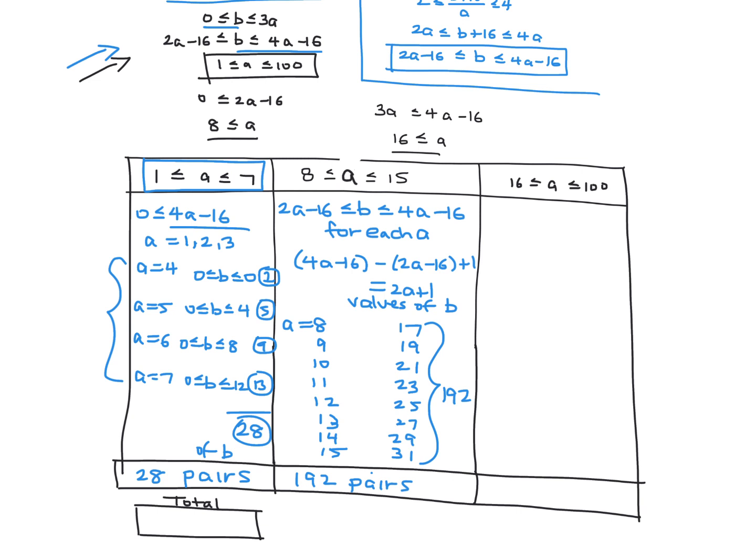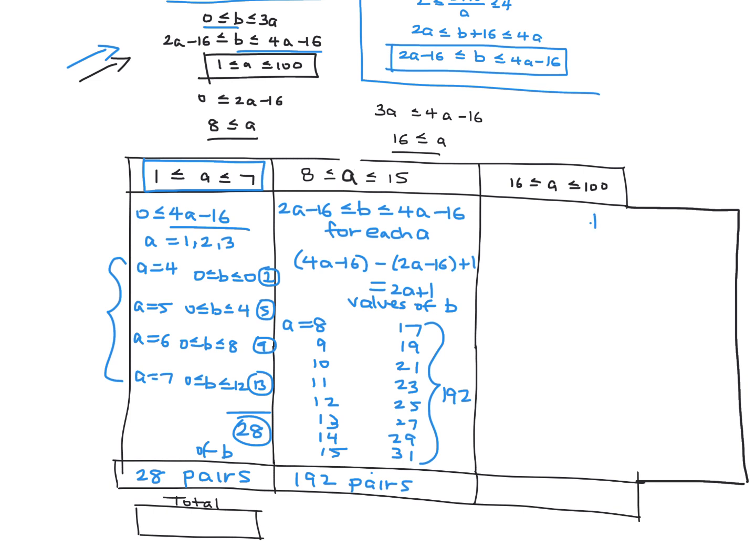Okay, now we're moving on to the last one. Kind of the same kind of thing. We just have to manually do this. I'm trying to think which equations to use here.